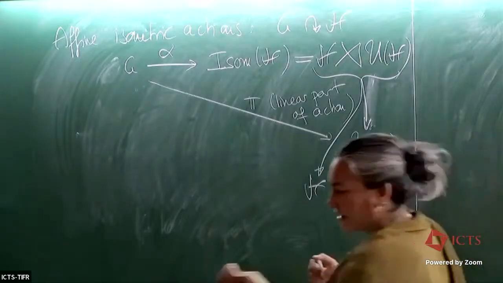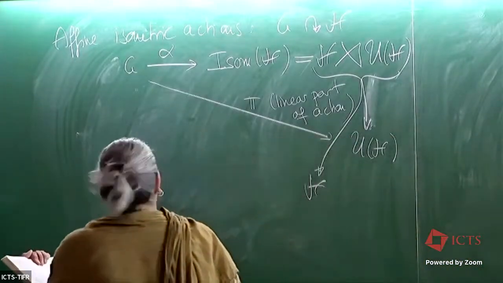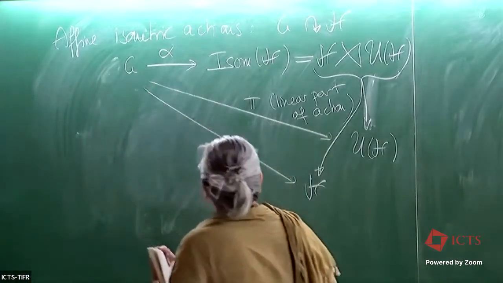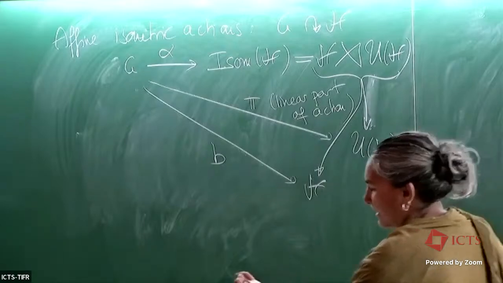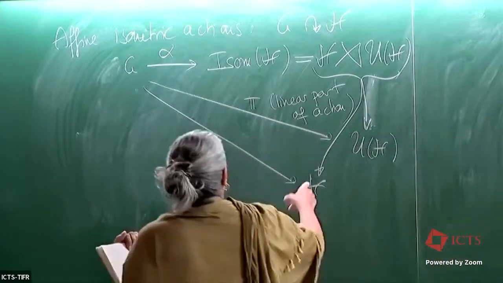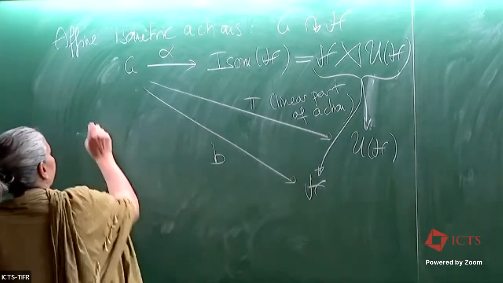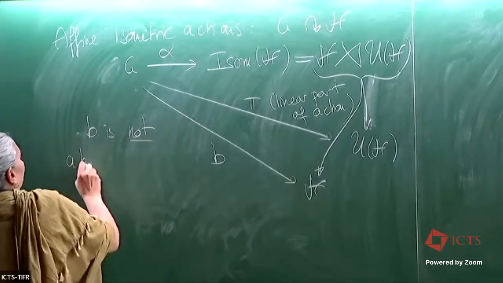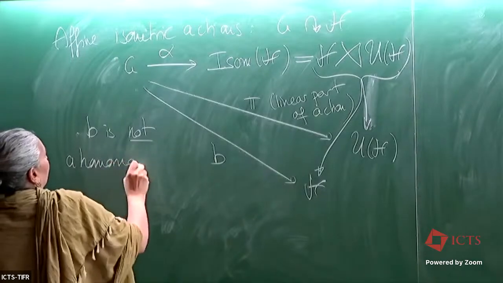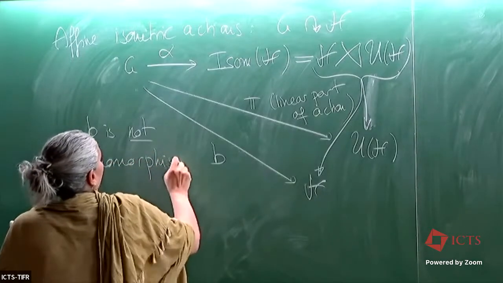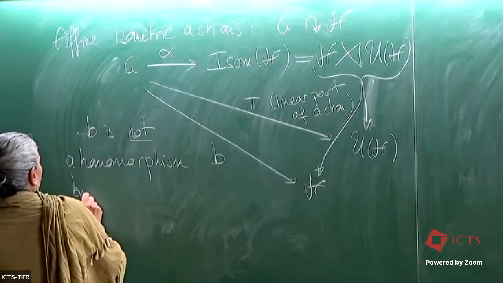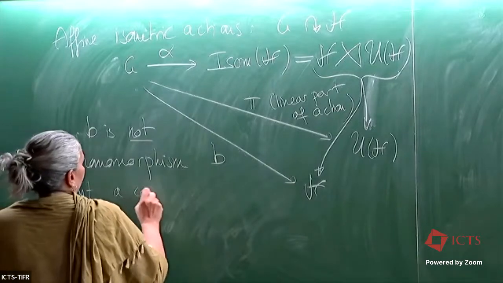And this composition here is another part of interest, which is B. So B is not a homomorphism, but a cocycle.